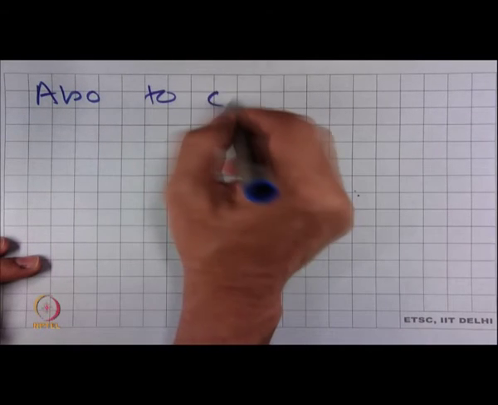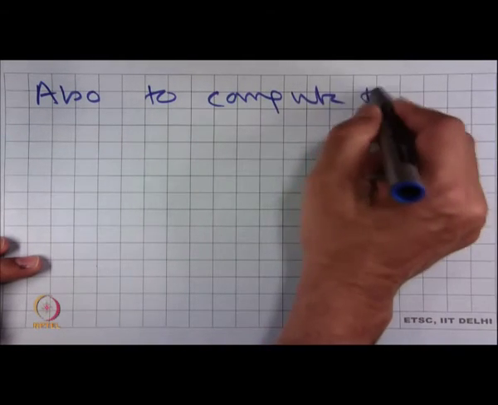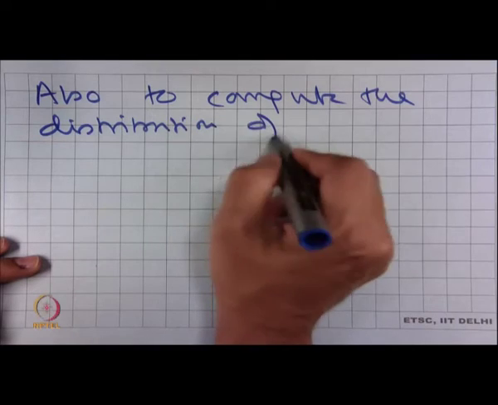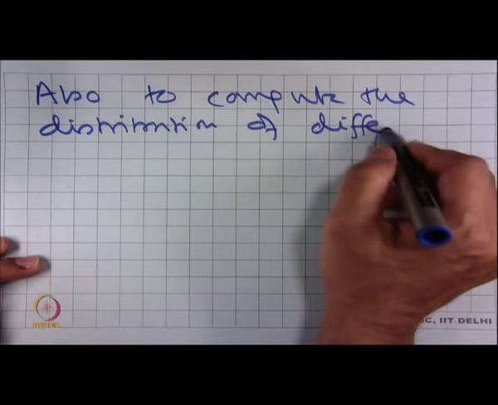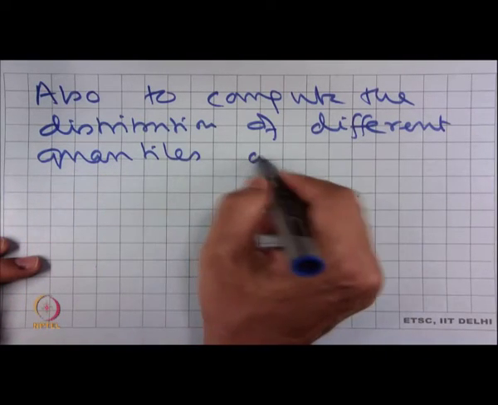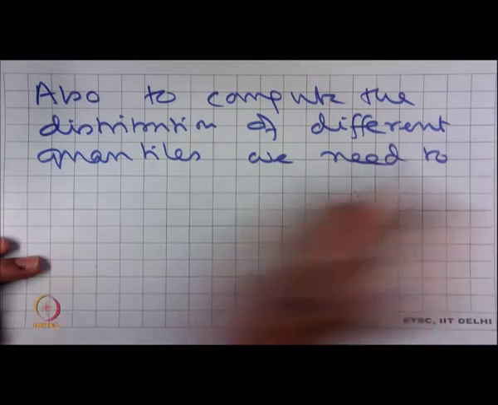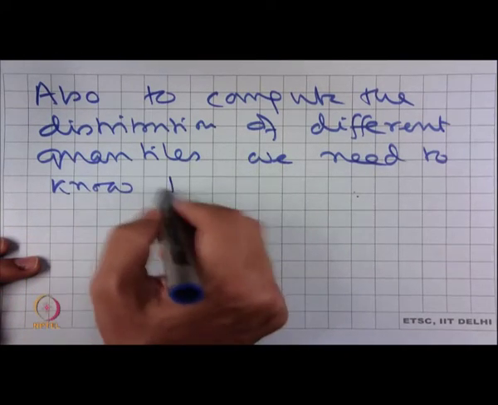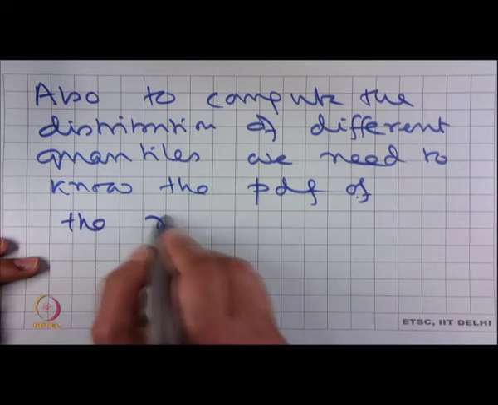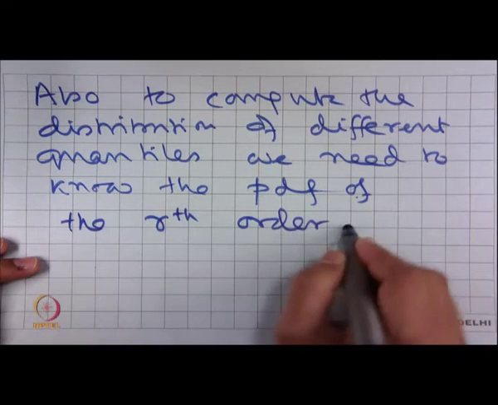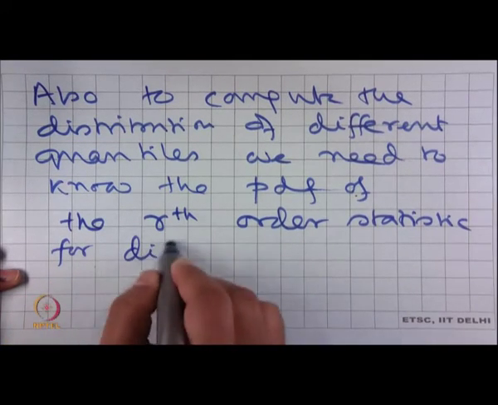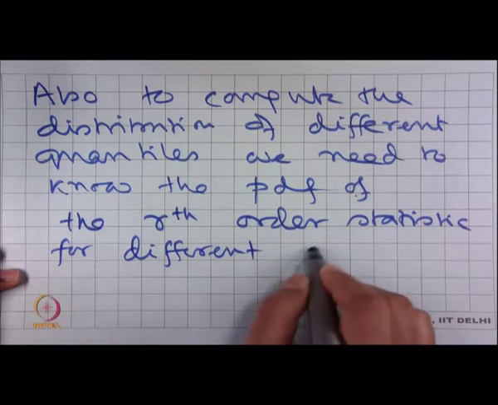Also, to compute the distribution of different quantiles we need to know the PDF of the rth order statistic for different r.